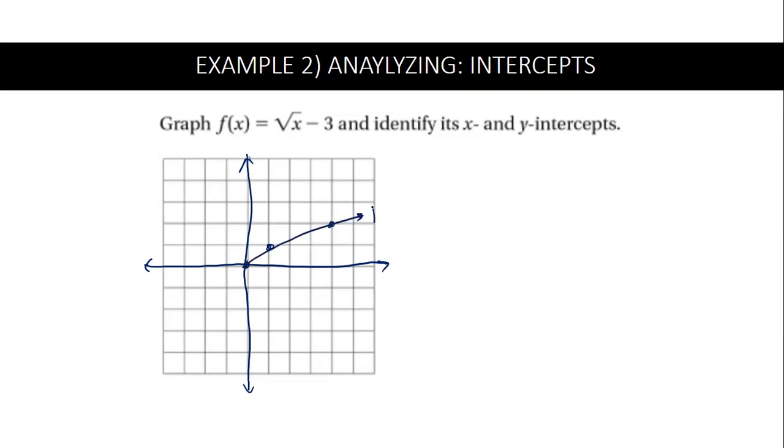So here's my PF, my parent function. And then looking at f of x equals the square root of x minus 3, I have -3, which means D equals -3. So that's a translation down. That means I'm taking each one of these points and taking them down 3.